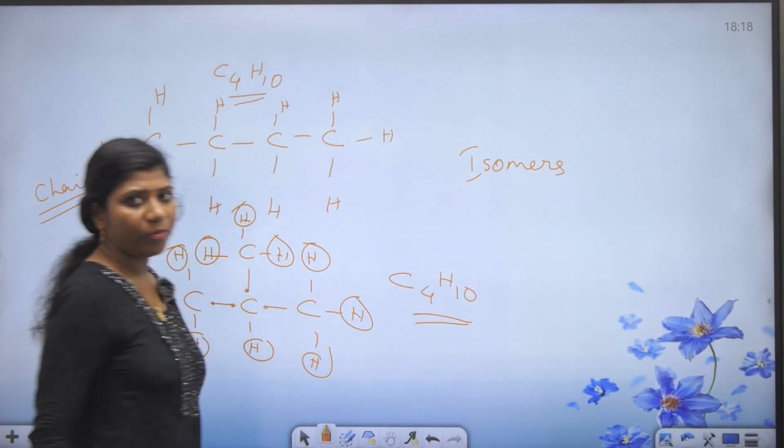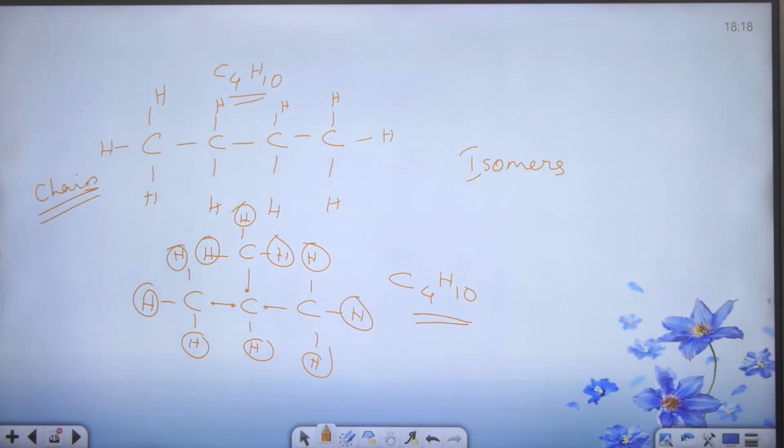Same molecular formula but different arrangement or different structures are called isomers. They are structural isomers. Okay.